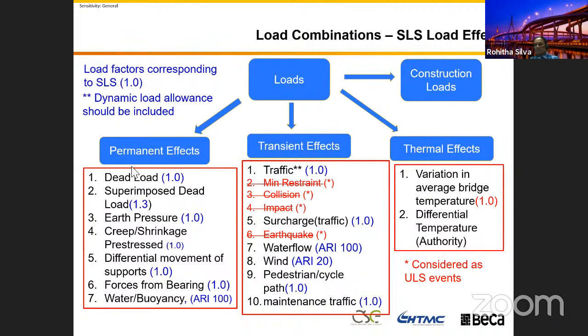To convert to the Australian standard, I put the load factors within brackets. For the dead load, we don't change it. For the superimposed dead load, we multiply by 1.3. The reason is we increase by 30% for uncertainty, because with asphalt, for example, you put it on the bridge but have to overlay after certain years.